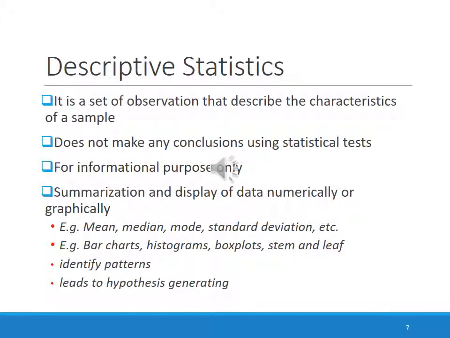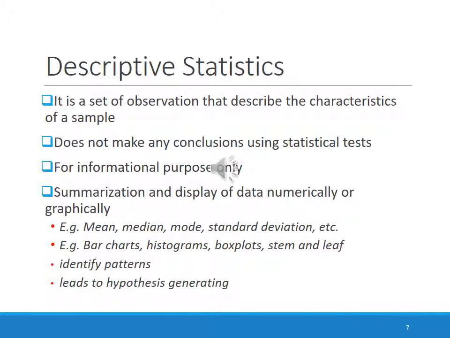Descriptive statistics. It is a set of observations that describe the characteristics of a sample in our study. However, it does not make any conclusions from the statistical tests we made. It is used for informational purposes only and not to make conclusions on whether an exposure is a risk factor of a health outcome. We can summarize and display the data numerically or graphically.